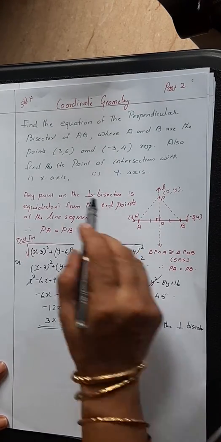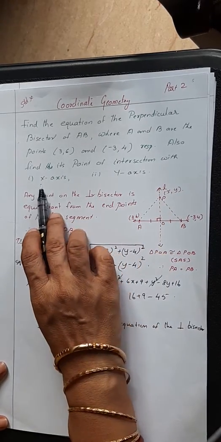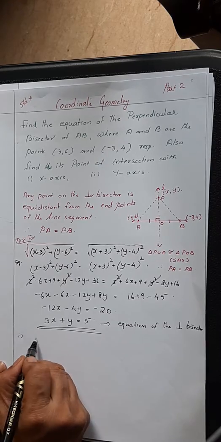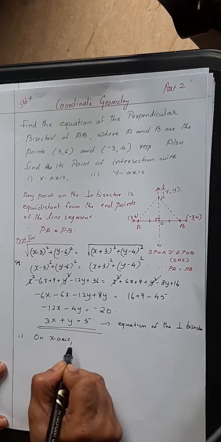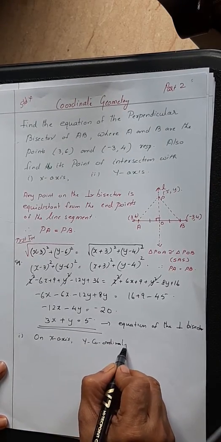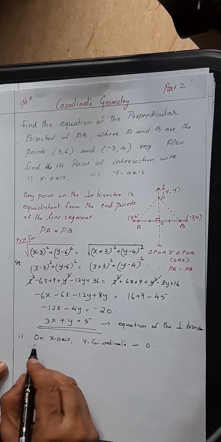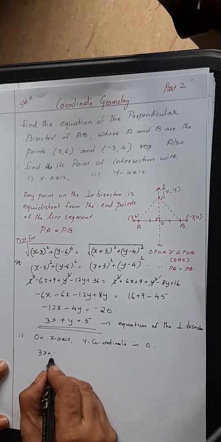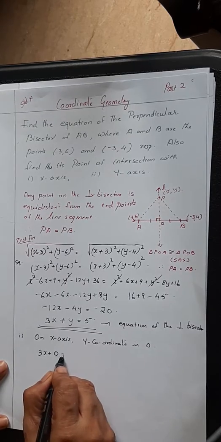Now we have to find the point of intersection of this perpendicular bisector with the x-axis. So on the x-axis, the y coordinate is 0. So we can write 3x plus y, where the y coordinate is 0, so 3x plus 0 equal to 5.